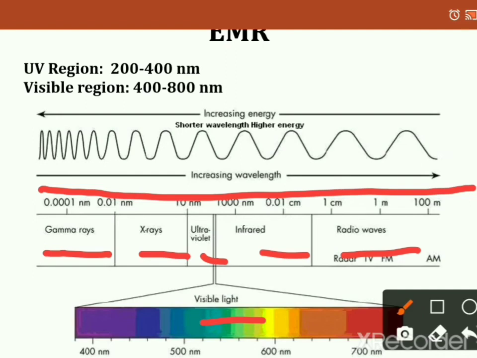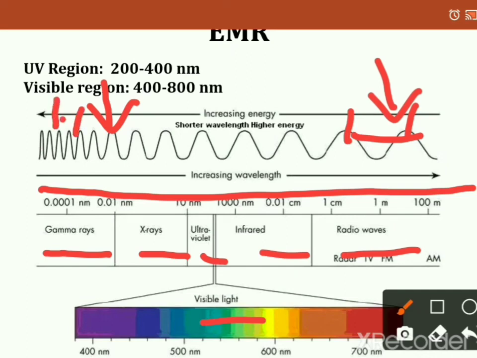Some are in the longer wavelength region, and some regions are in the shorter wavelength region. How can we classify longer and shorter wavelength regions? See here, these are two maxima, and the distance between these two maxima is higher than the distance between these two maxima. So the wavelength is longer here, while the wavelength is shorter here.